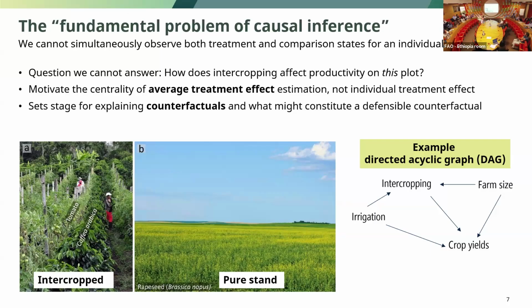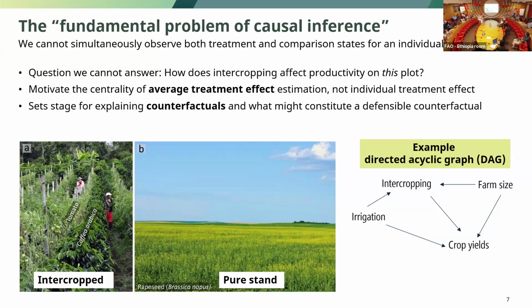For example, maybe small plots enjoy high levels of labor application because they have little outside opportunities. So maybe when we observe an intercrop plot, we're actually seeing plots that have higher labor rates, and that's the factor driving changes in crop yields. It can also be the case that plots that are irrigated are more likely to be intercropped.